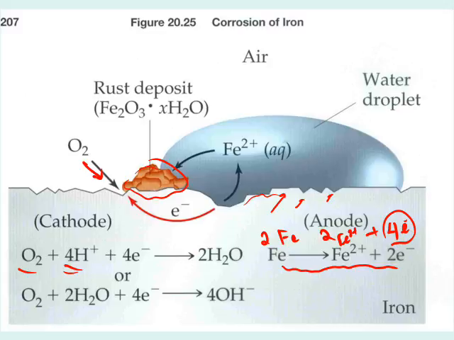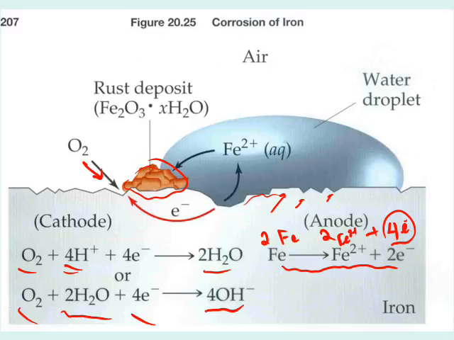So that reaction will give you H2O, or just oxygen in presence of H2O and 4 moles of electrons will be taken up, and it would give you 4 OH minus.